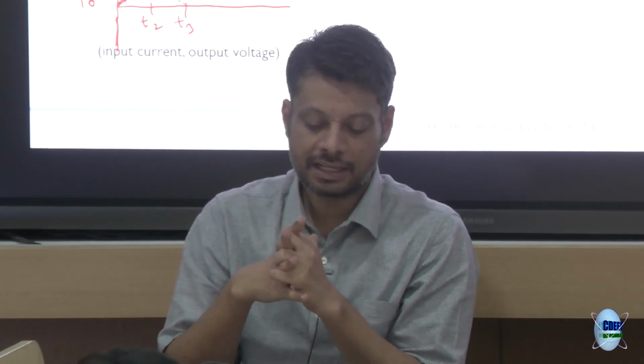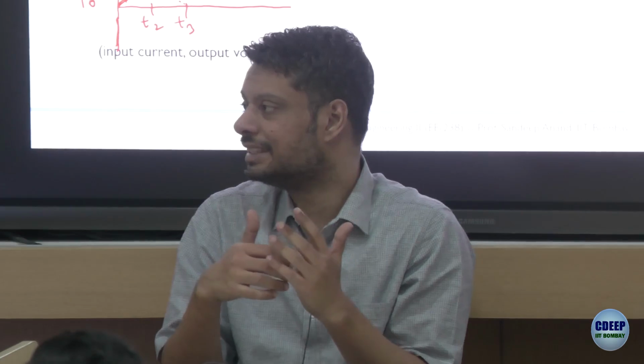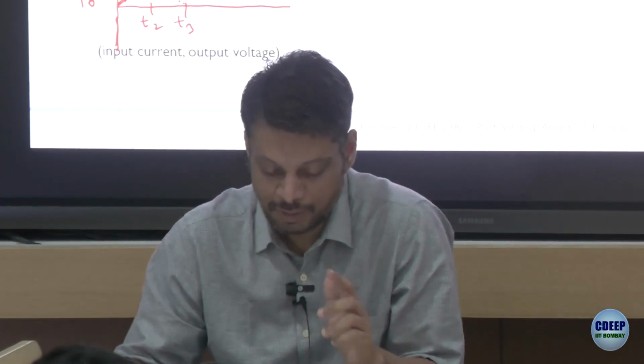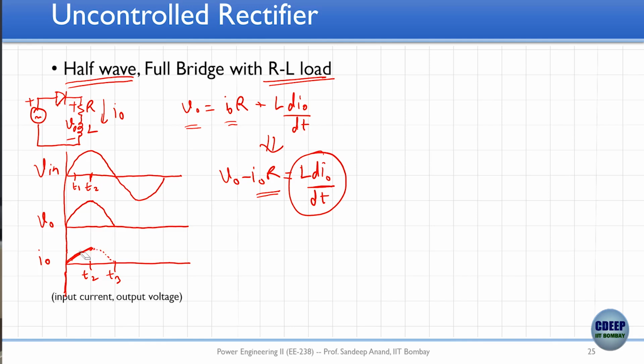In fact, let me correct it, there is a little bit of a mistake. When the current was rising, again it was not rising with the same speed as it was in the resistance case. So let me just redraw this. Okay, so let's say this was the resistance case.